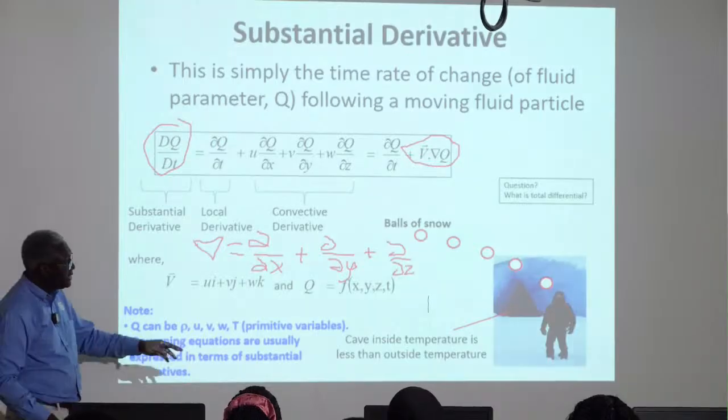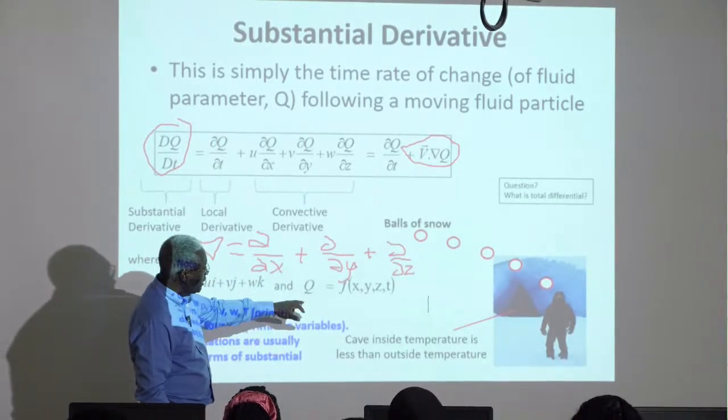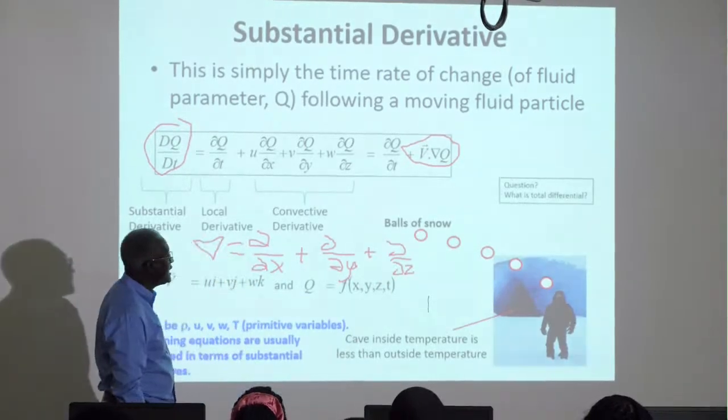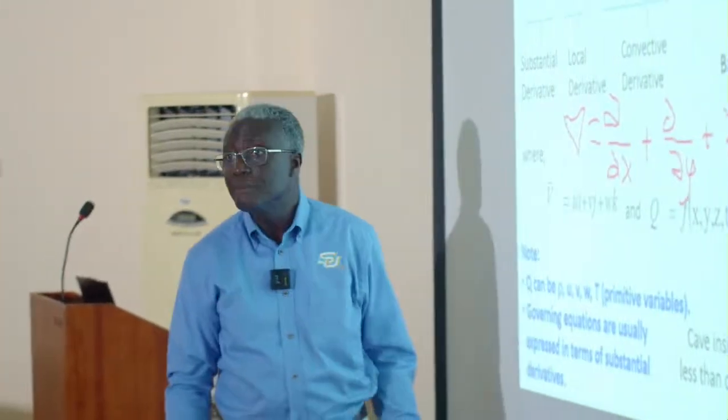And so basically you have this quantity q here, which is a function of x, y, z, and time, and the del operator performs this operation.